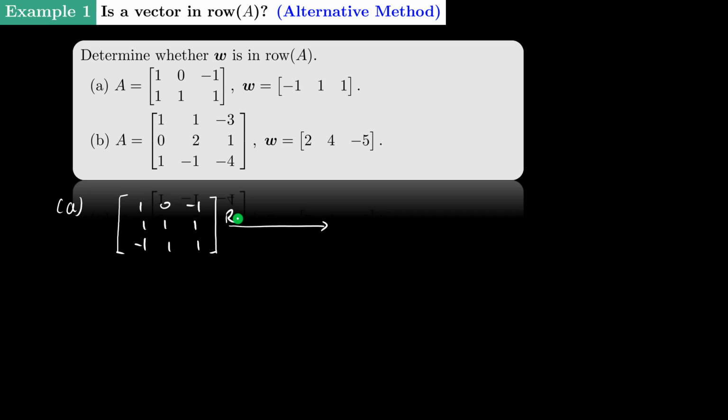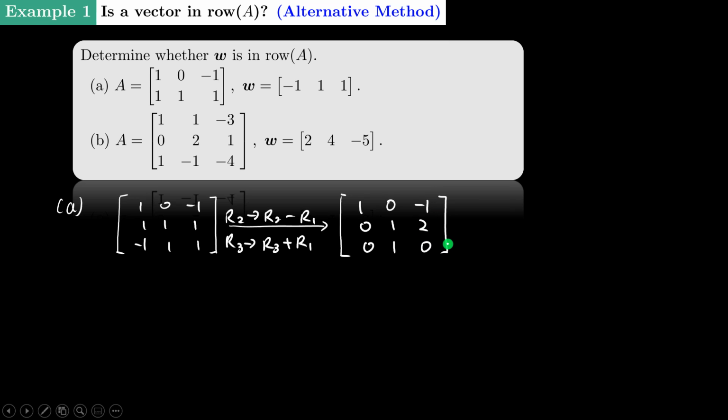So, first operation, row 2 becomes row 2 minus row 1 to get rid of this. And the second operation, row 3 becomes row 3 plus row 1 to get rid of this number. So we end up with 1, 0, minus 1, 0, 1, 2, 0, 1, 0.